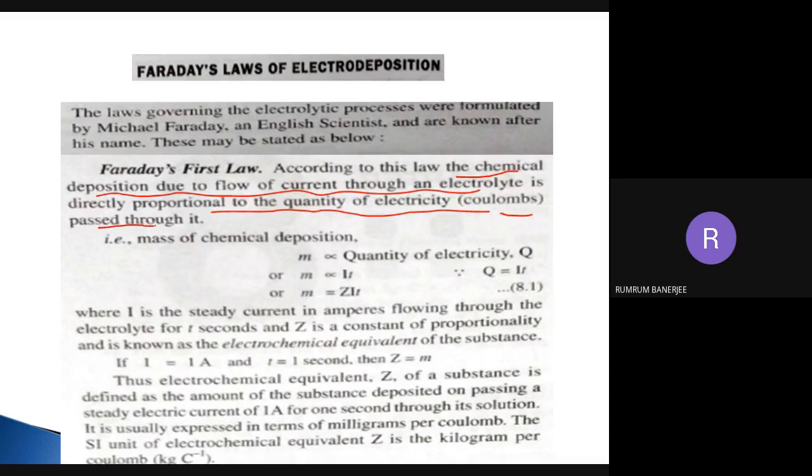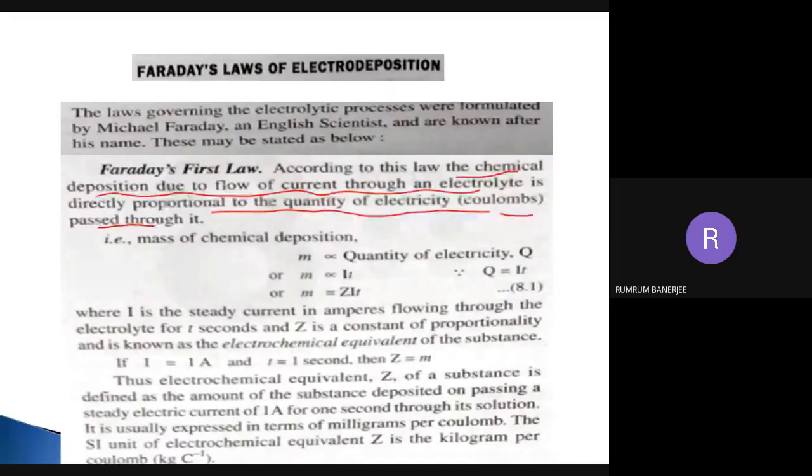That means the mass of chemical deposition M is directly proportional to the quantity of electricity Q. That is, M is directly proportional to It, or M equals ZIt, where I is the steady current in amperes, and Z, the constant of proportionality, is known as the electrochemical equivalent of the substance.